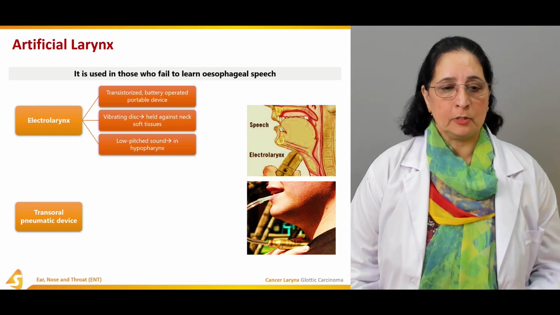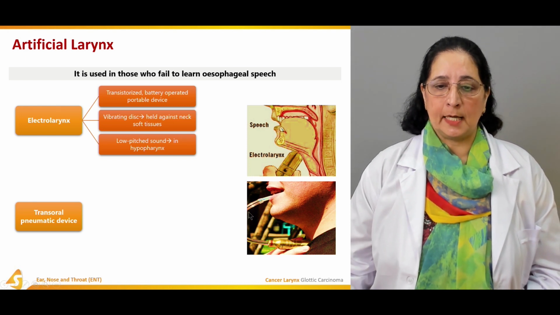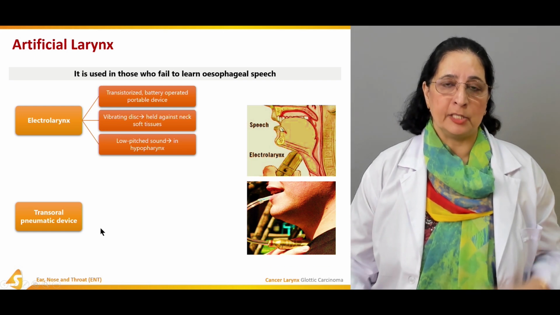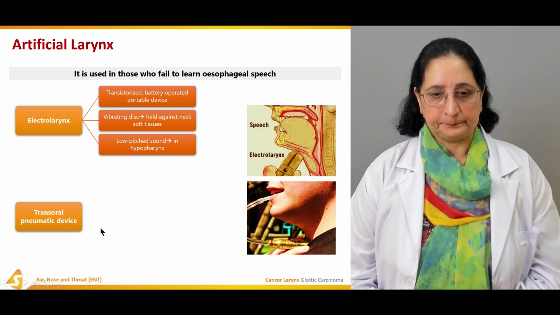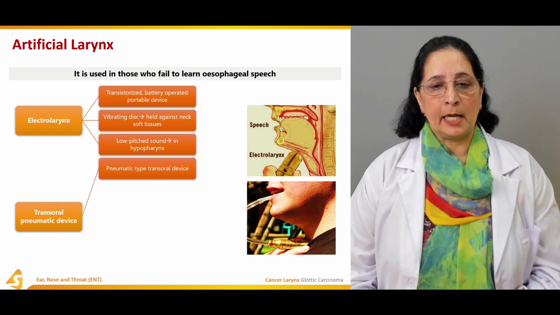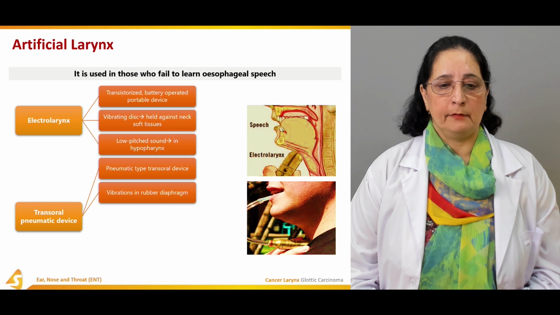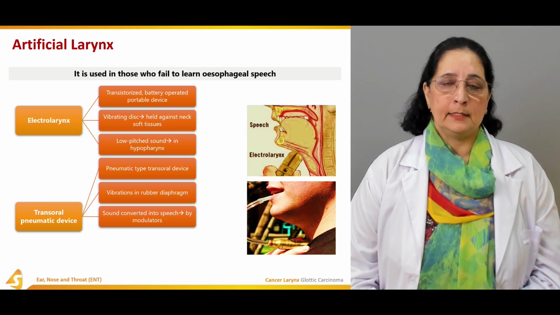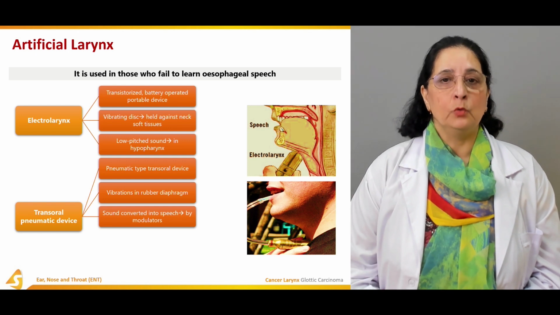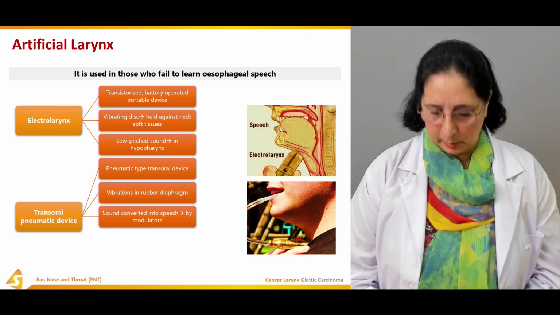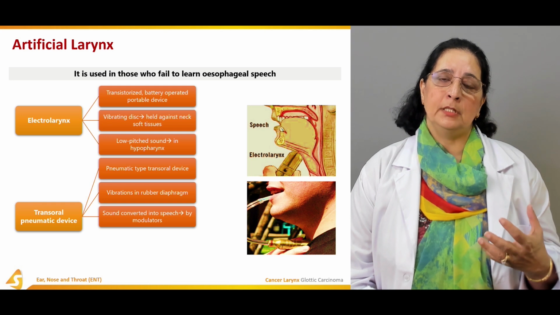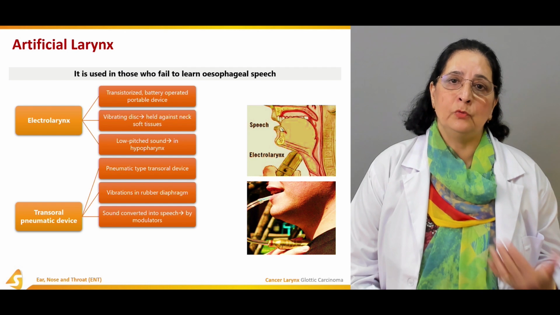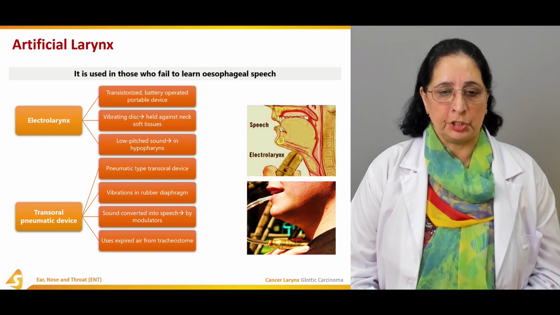Then we have the transoral pneumatic device, that is, through the oral cavity. Pneumo is for the air. In this pneumatic type of transoral device, vibration occurs in a rubber diaphragm, and this sound is converted into speech by modulators. These are the options for a person who is not able to learn esophageal speech.